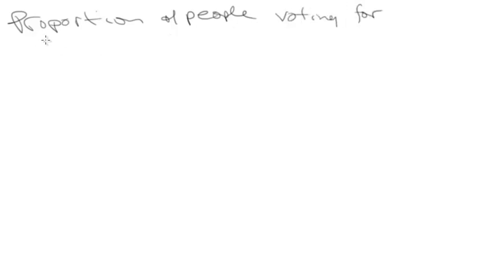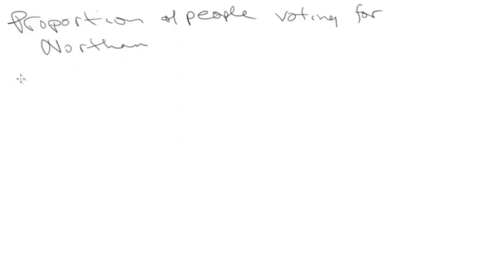Let's say the proportion we're looking for is the proportion of people voting for Northam. You can only work on one proportion at a time. Then we'll go back and figure out how many people are going to vote for Gillespie.